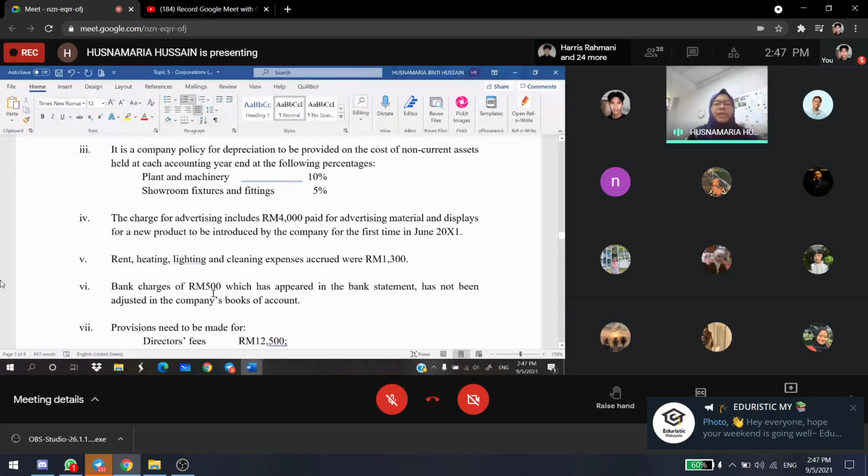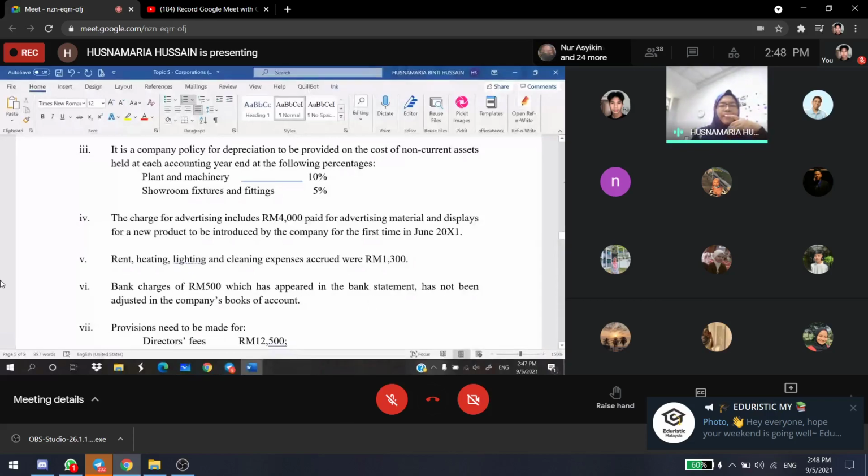So we do not know until we receive the bank statement at the end of the month. When we look at the bank statement, oh, there is a bank charge. So in our cash book, we haven't deducted it yet. We haven't made the double entry in our books of account. So what should we do?